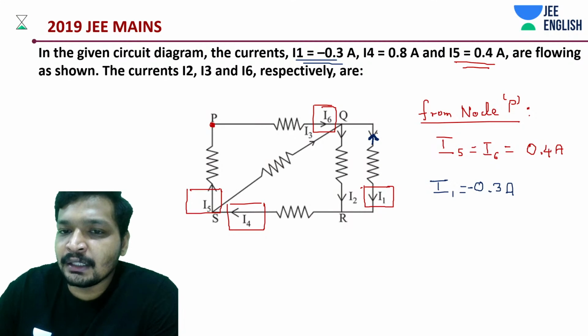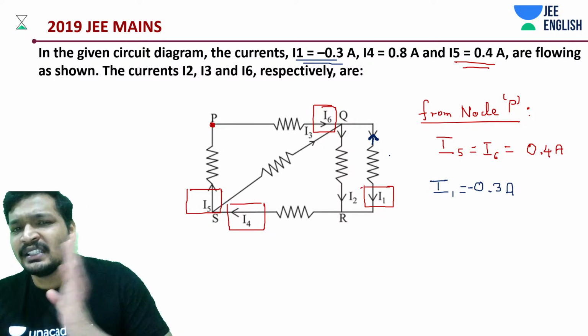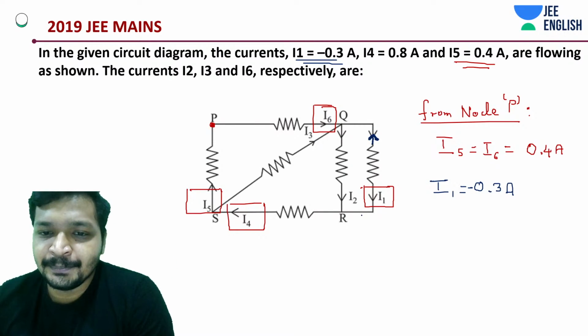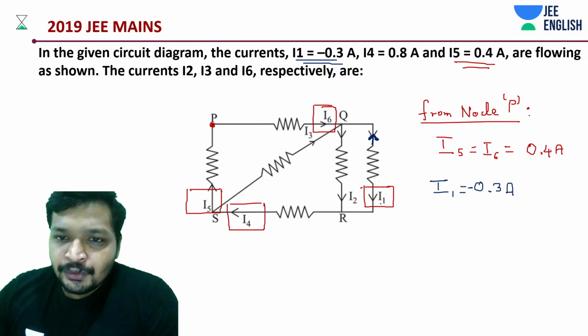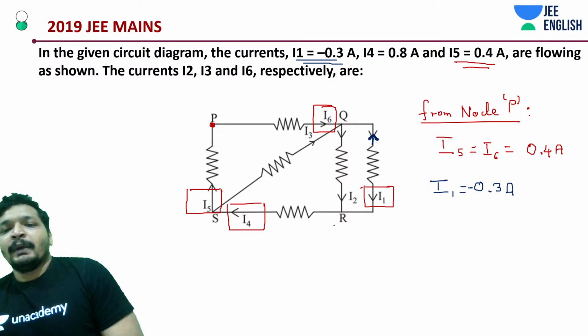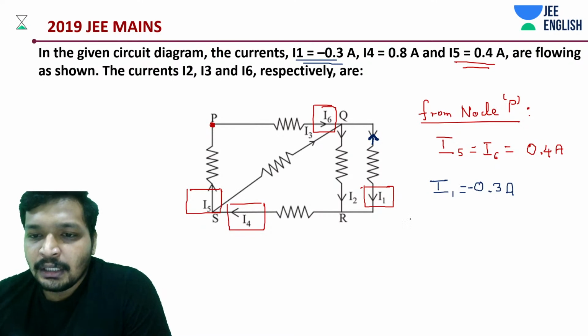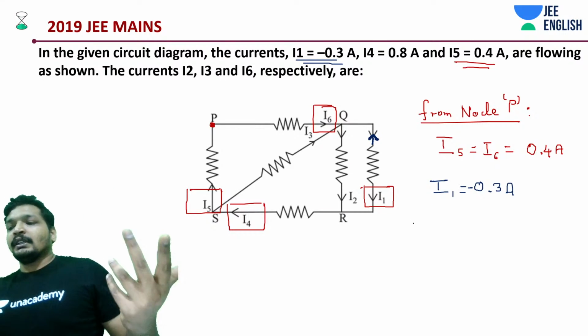You can forget this arrow, reverse the arrow, or just use the sign and you will get the answer. It's really that simple. So let's do it by sign then.